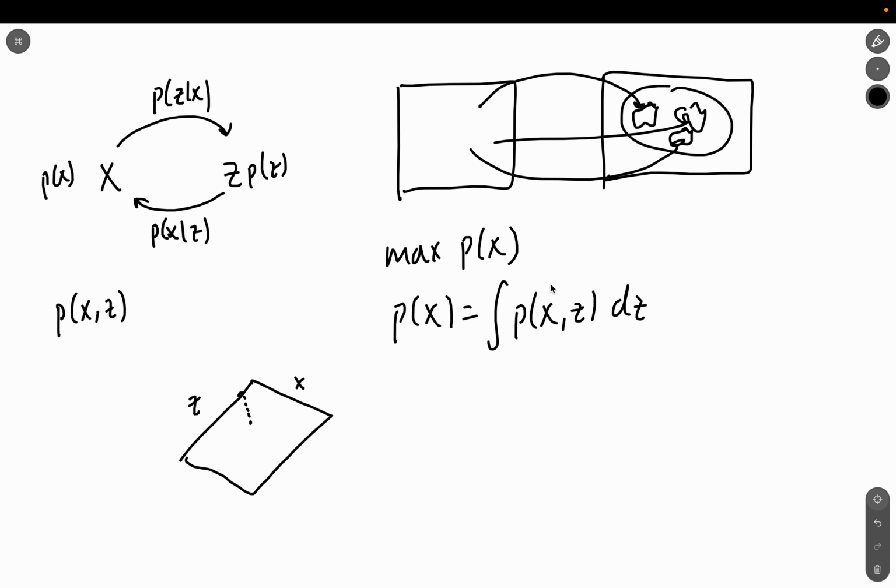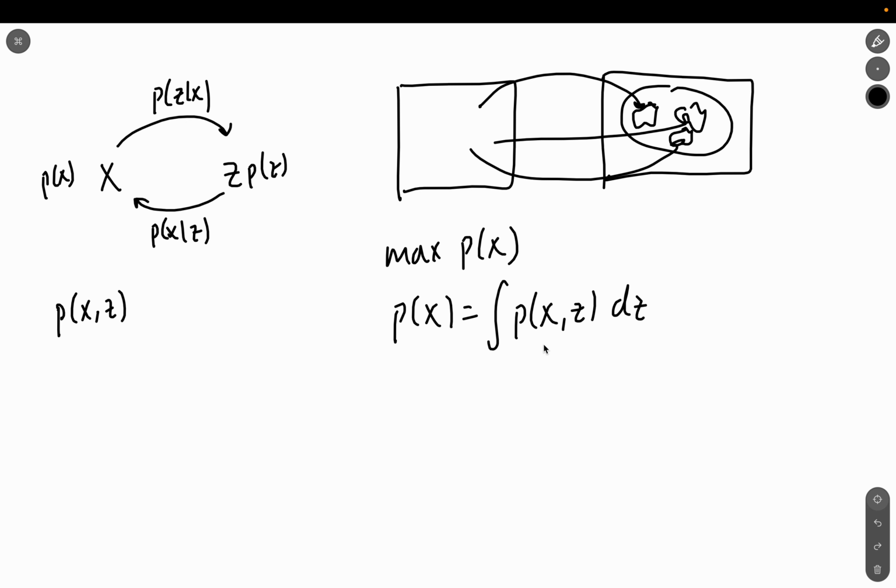When you integrate over the Z's, you're integrating along the Z axis, cutting your shape along it, and you're getting the probability of X, whatever that curve may look like. Okay, so this is why we're interested in the joint probability.